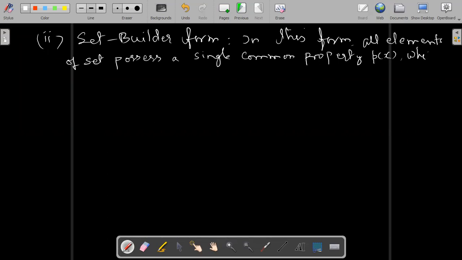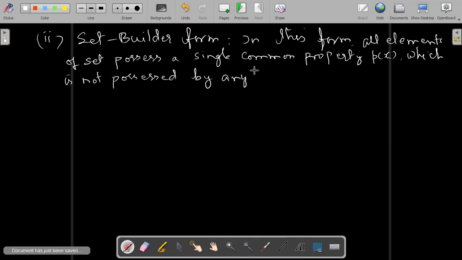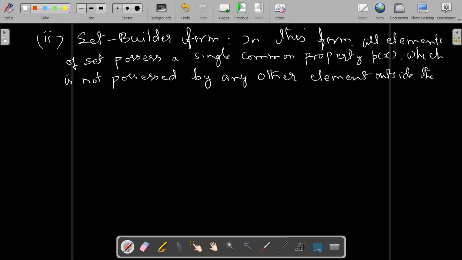This is also an important thing, that it is not possessed by any other element outside the set. If you have taken vowels, then outside the vowels, all the other English alphabets will not follow this property.